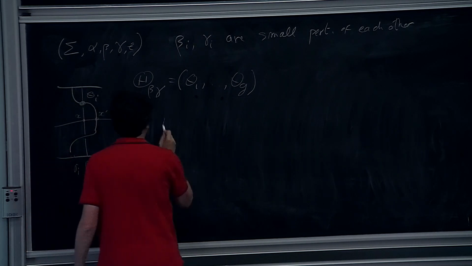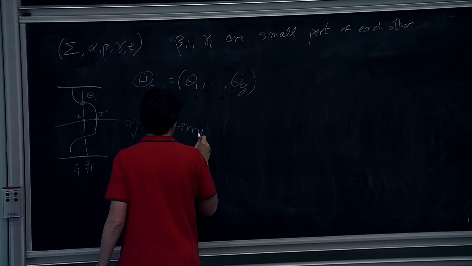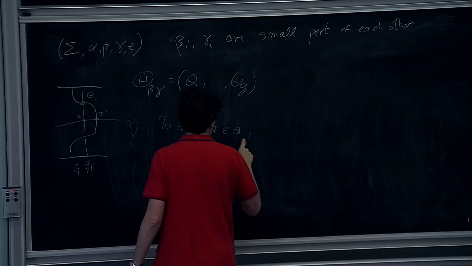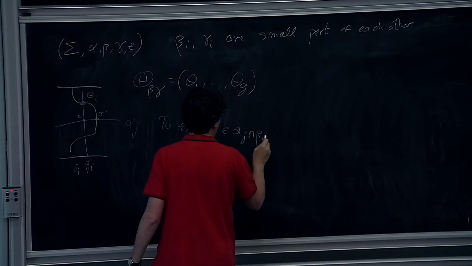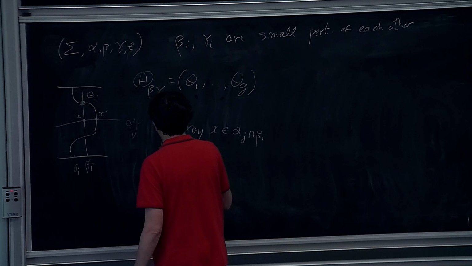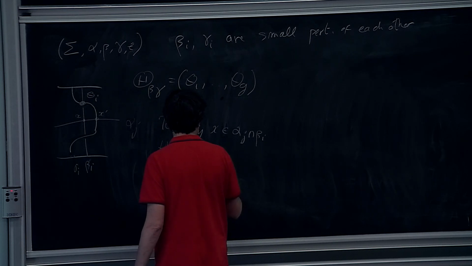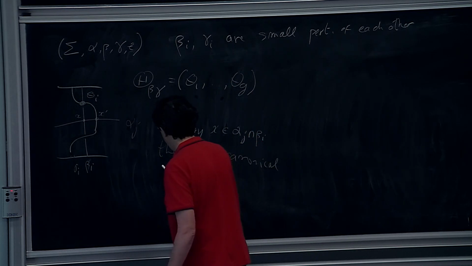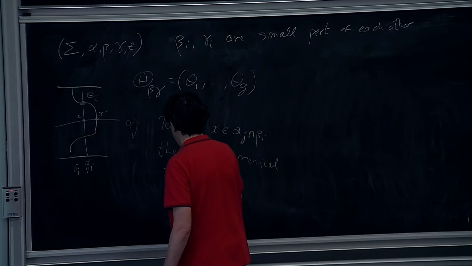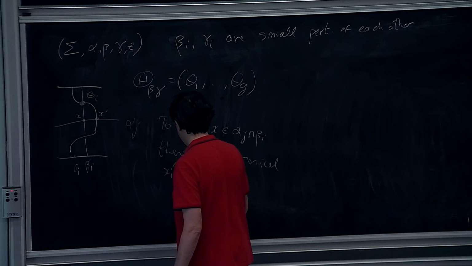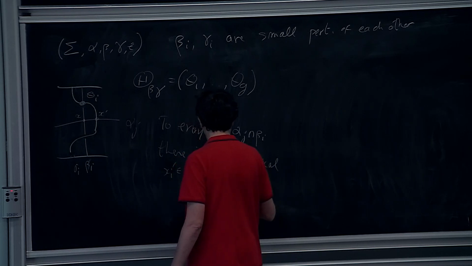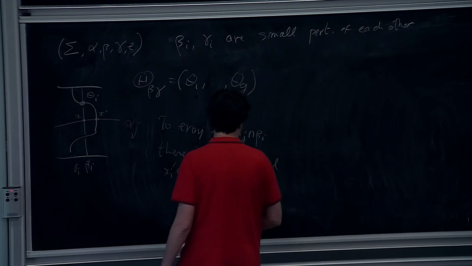So to every x in alpha j intersect with beta I, there is a canonical x prime, an intersection point between alpha j and gamma I nearby.